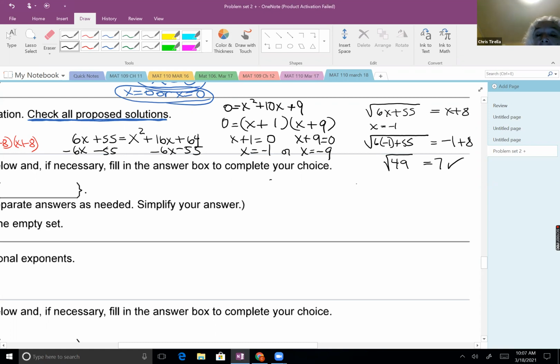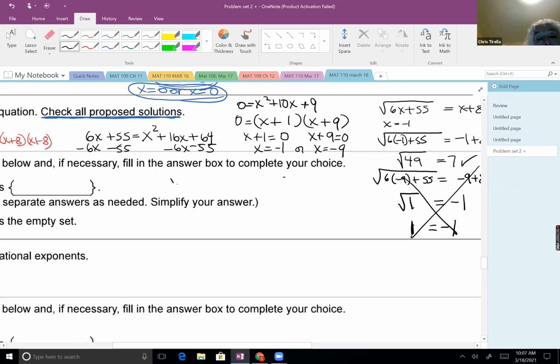If I put in the -9, that gives me the square root of 6 times -9 plus 55 equals -9 plus 8. That gives me the principal square root of 1 is -1. And because there's no plus or minus in front, this just means the positive one. And so this one we're going to reject. And so our sole solution is going to be that x equals -1.